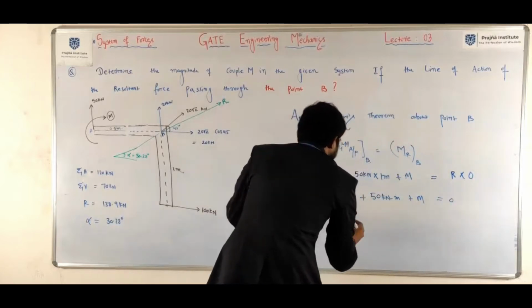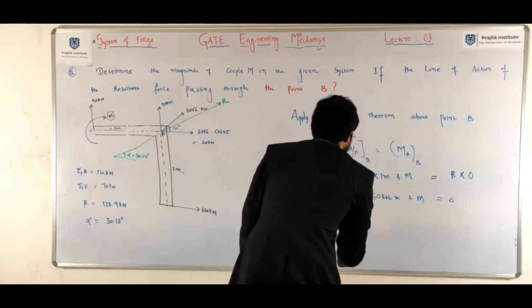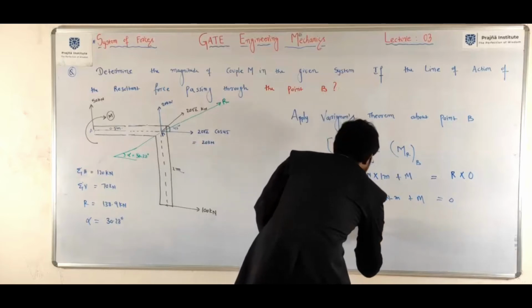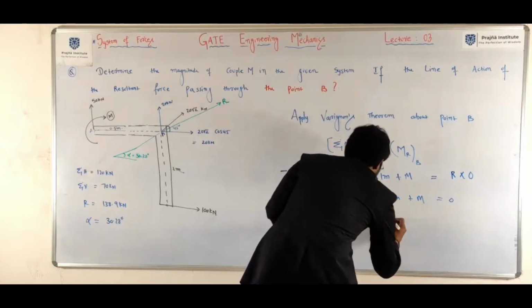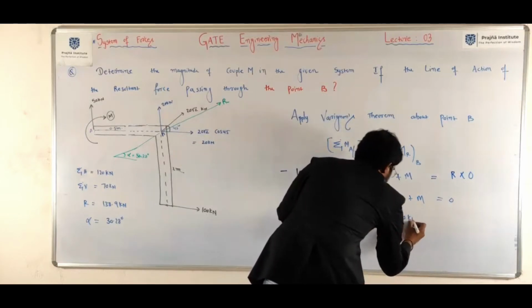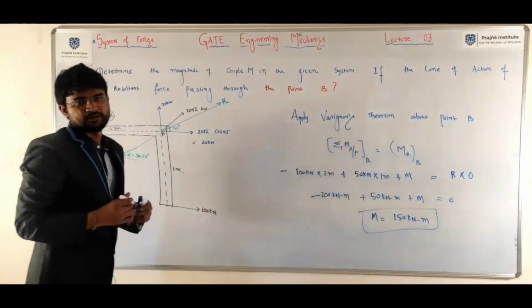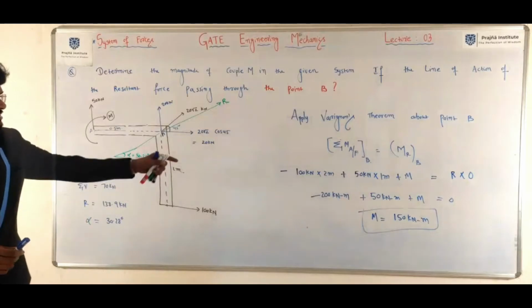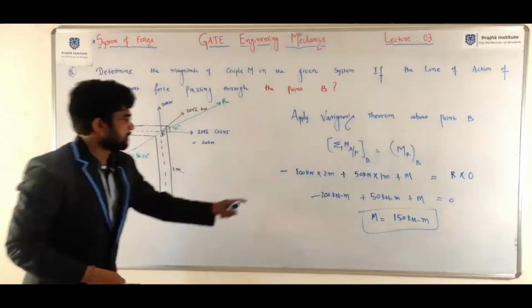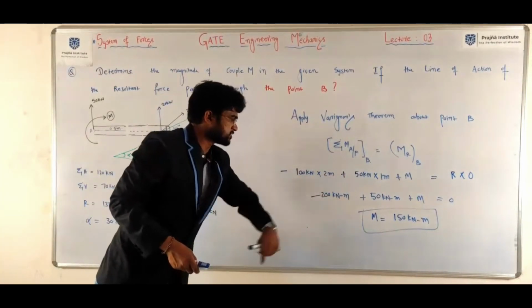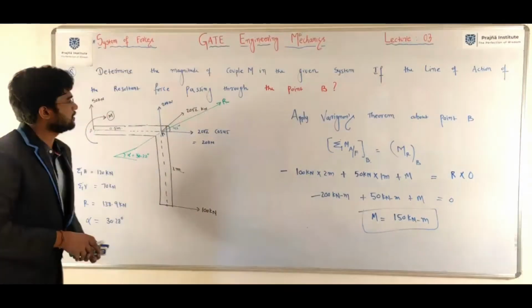Here how much are you getting? Minus 150. M is equal to plus 150 kilonewton meter. Correct? Minus 200 plus 50 is minus 150 kilonewton meter.